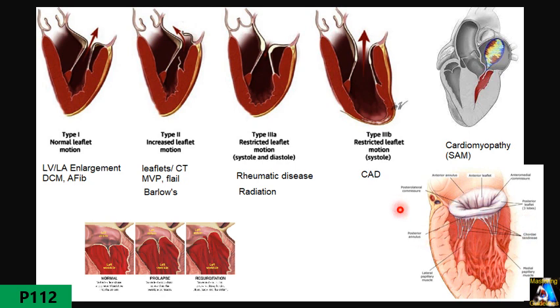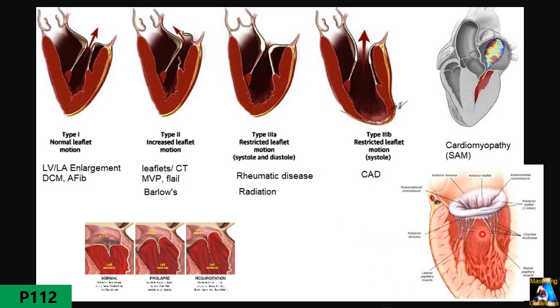If we look at the mechanism of mitral valve regurgitation from a pathophysiology aspect, we can classify mitral regurgitation into two groups: functional and structural.